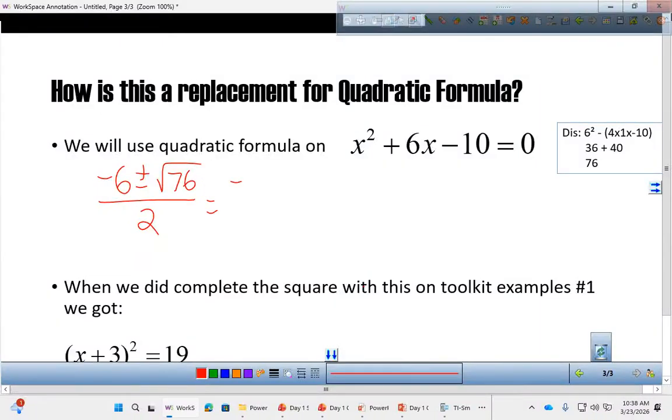So this becomes 2 root 19 all over 2. And then since all of these things are divisible by 2, I can reduce them to this, right? Negative 6 divided by 2 is negative 3. 2 divided by 2 cancels out.